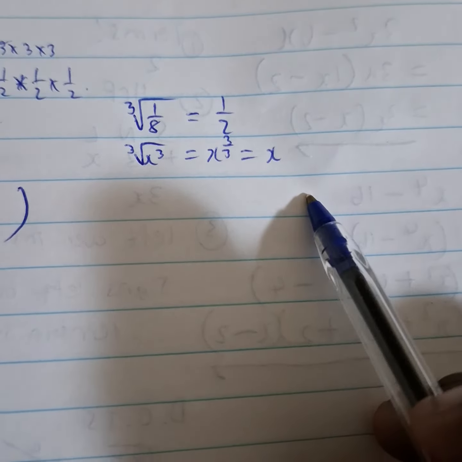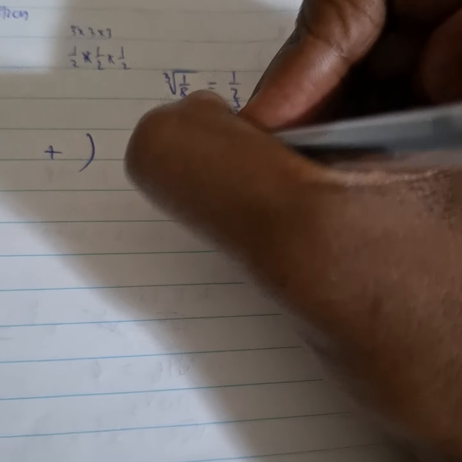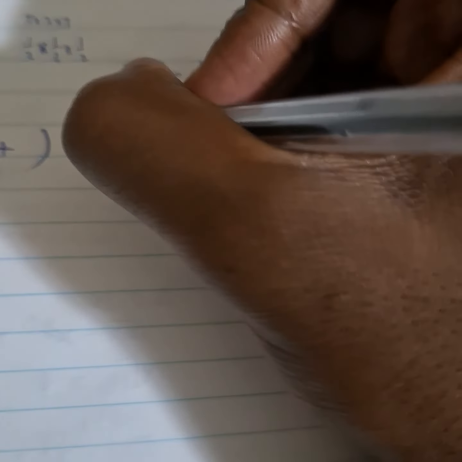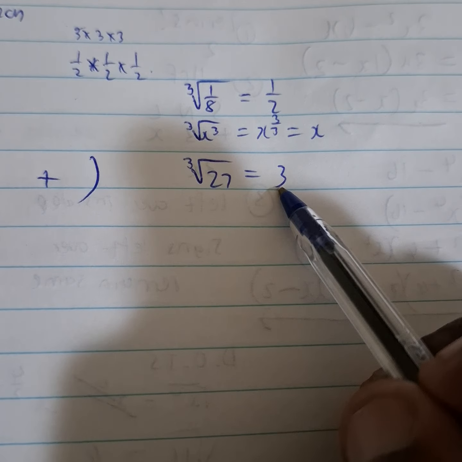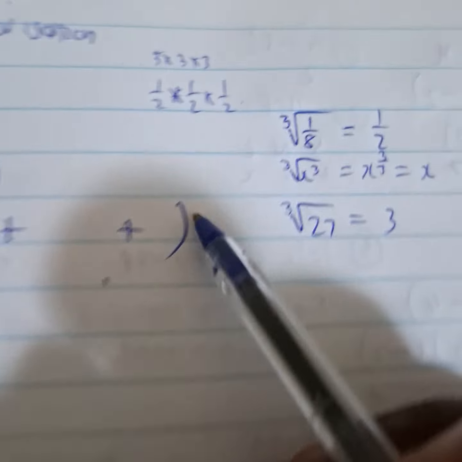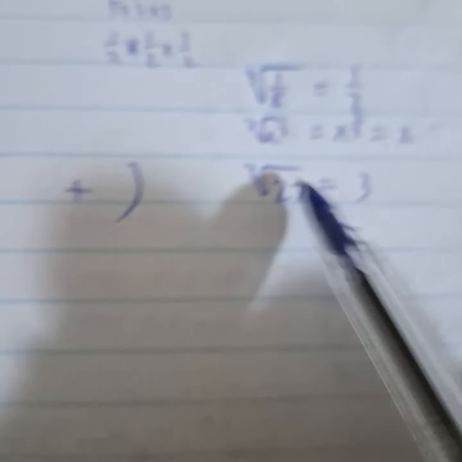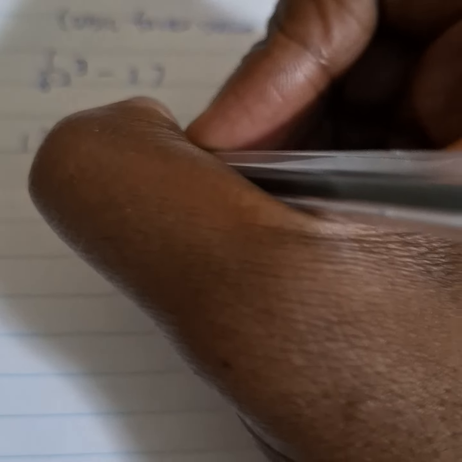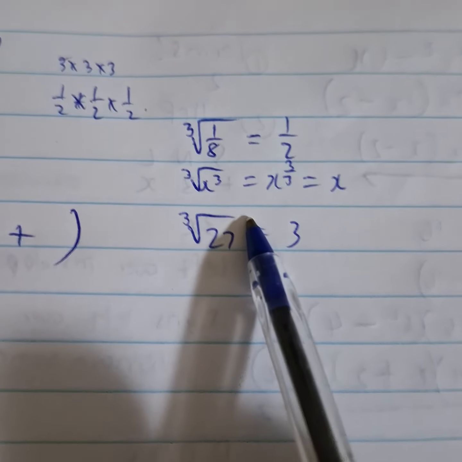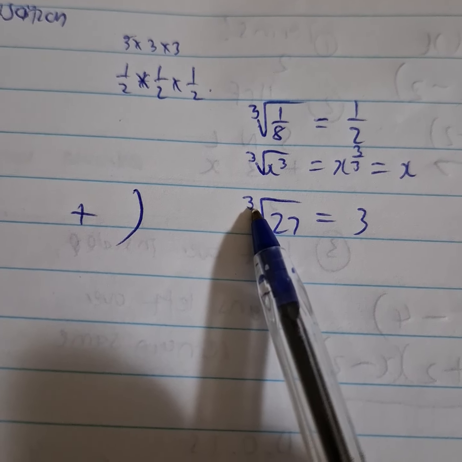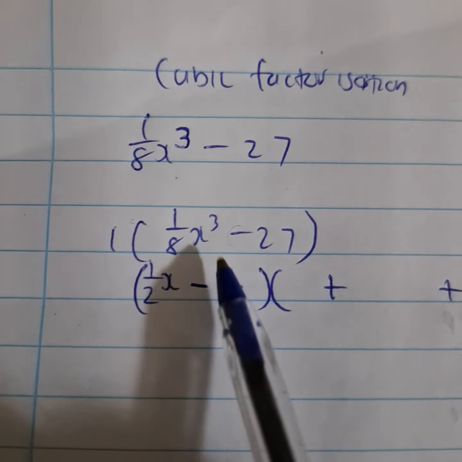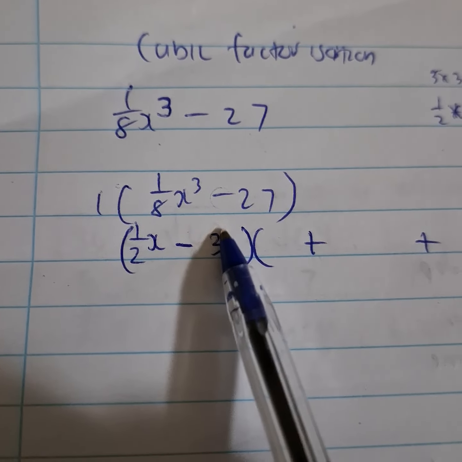That's obviously x. And lastly, what's the cube root of 27? That gives us 3. So please be careful, guys. It's not the square root, but it is the cube root, because we are dealing with a difference of cubes.